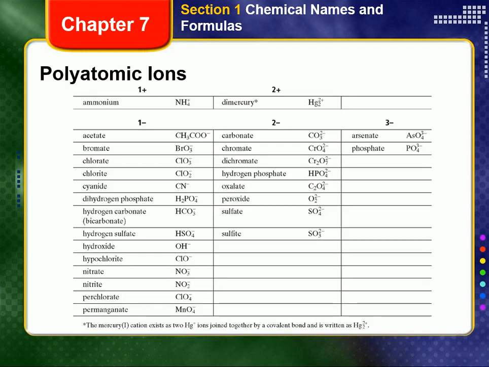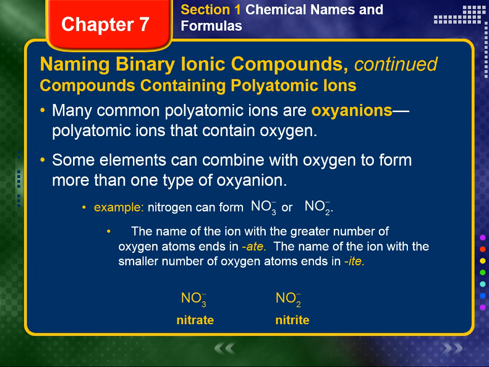Compounds containing polyatomic ions. Table 7-2 on page 210, or on the screen now, lists some common polyatomic ions. All but the ammonium ion are negatively charged, and most are oxyanions, which are polyatomic ions that contain oxygen. In several cases, 2 different oxyanions are formed by the same 2 elements.